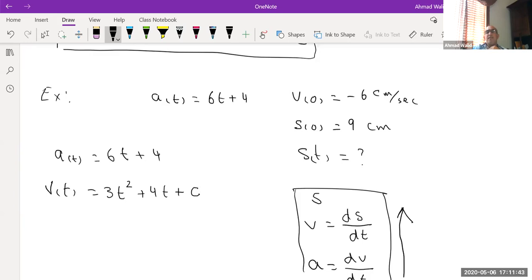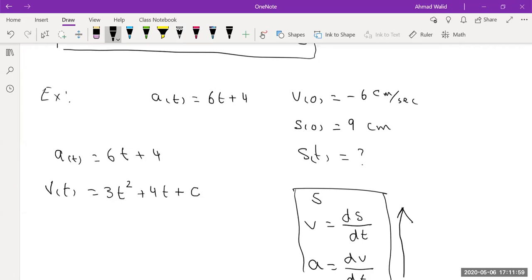Am I right? Is this the general antiderivative of A? Agree? Did you find the same thing? 3t squared plus 4t plus c?